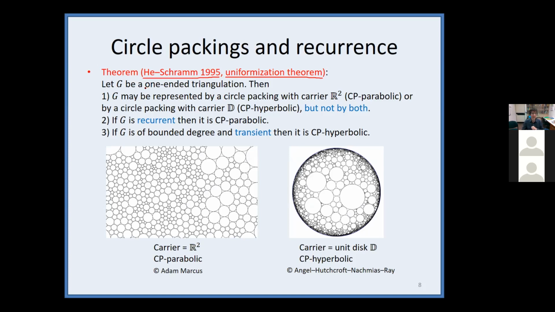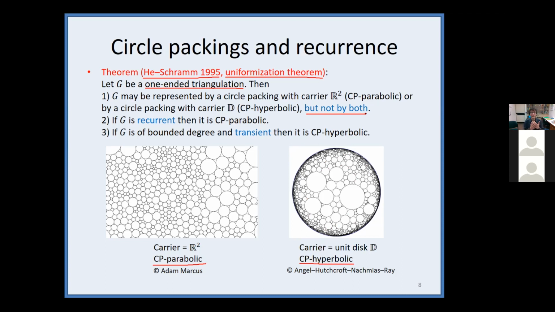If you have a one-ended triangulation, then He and Schramm proved G may be represented by circle packing in the entire plane. The carrier is the entire plane. If that's the case, then it's called CP parabolic. Or it may be represented by circle packing in the unit disk, and then it will be called CP hyperbolic, but it cannot be represented by both.